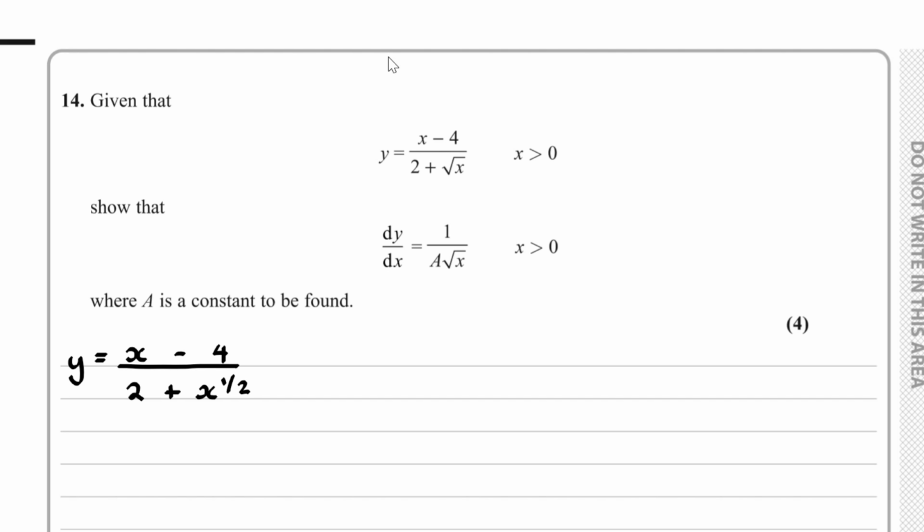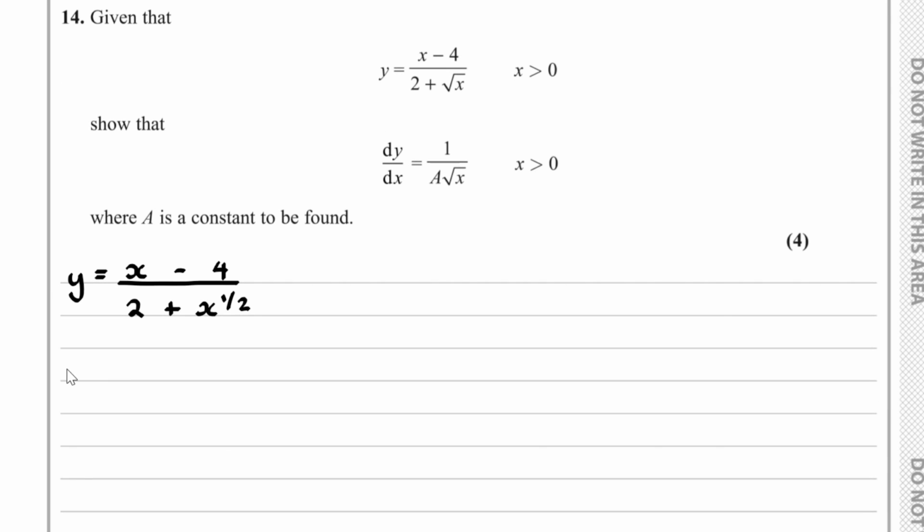So when we come to use the quotient rule, u is equal to x minus 4, u dash is equal to 1, v is equal to 2 plus x to the power of 1/2, and v dash is 1/2 x to the power of minus 1/2.